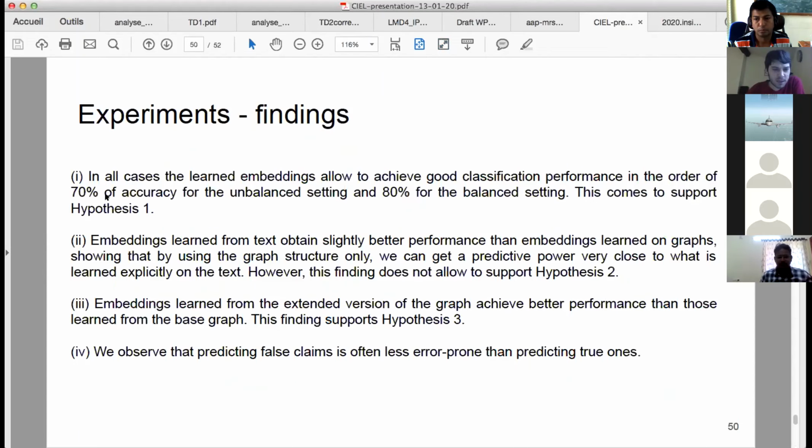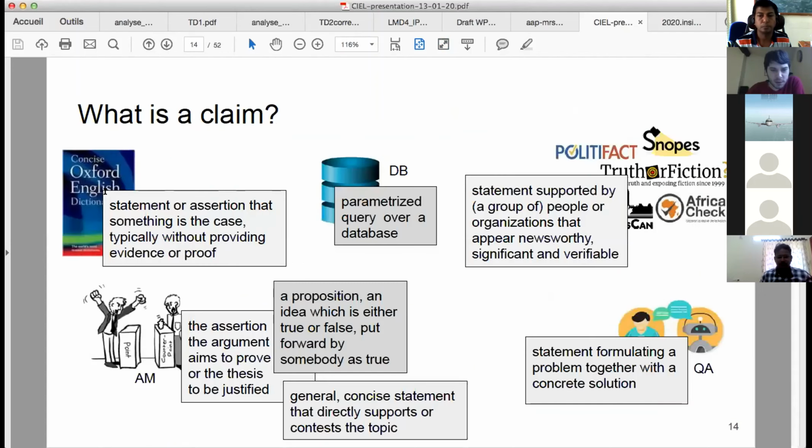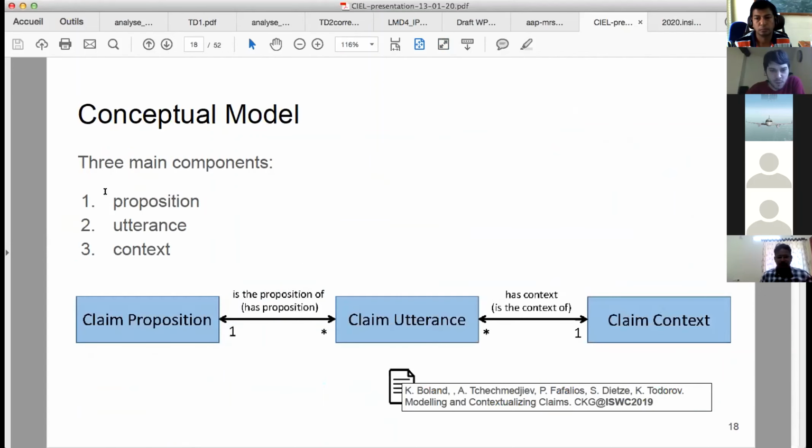Let me go back to our model. The simplified version of our model, as you see here, has the utterance, the proposition, and the context. Sarcasm is expressed linguistically, right? But it's captured in the meaning.